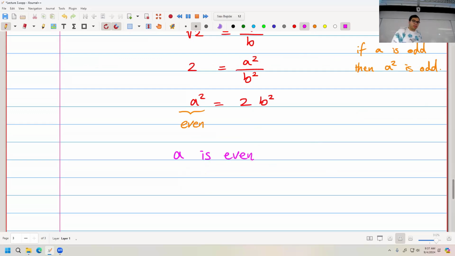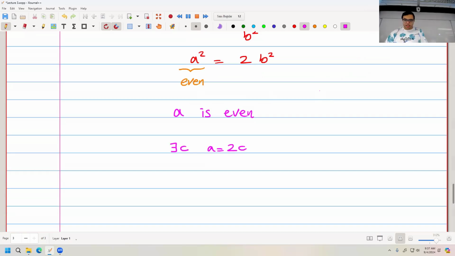But if a is even, that means that I can write a as 2 times something else. So I can say that there exists some other number, let's call it c, such that a is equal to 2 times c. But if I do that, then let's go back here. So what is a squared? It's 2c, all of it squared, so it's 4c squared.